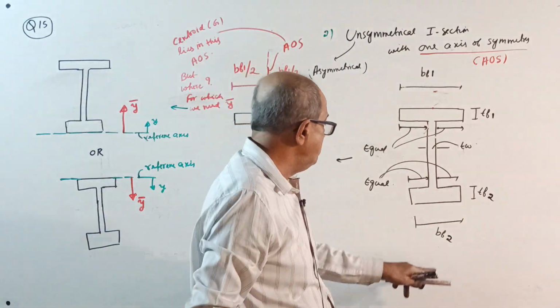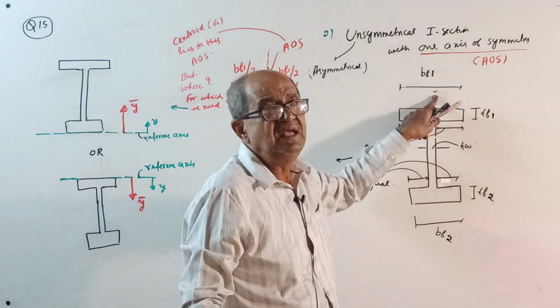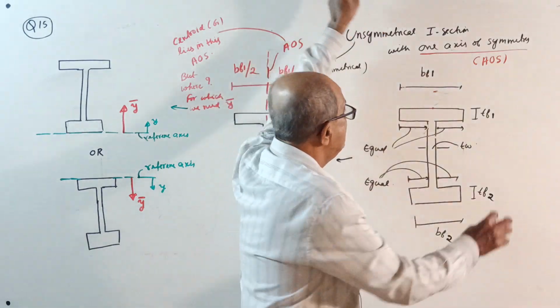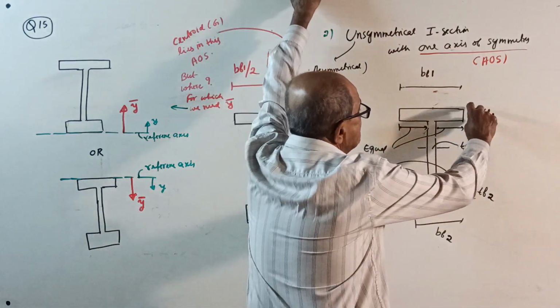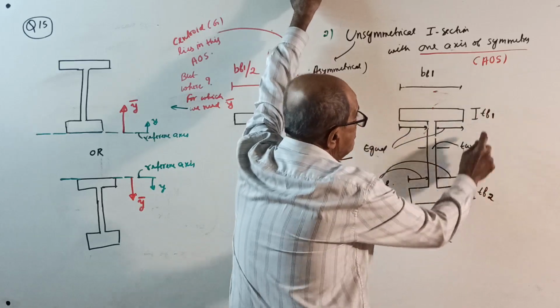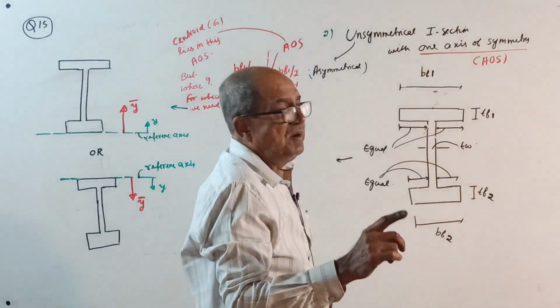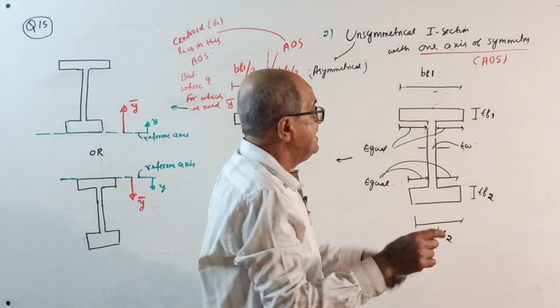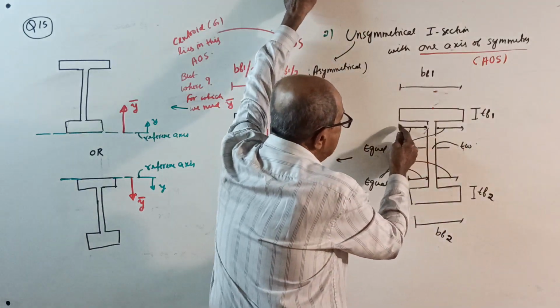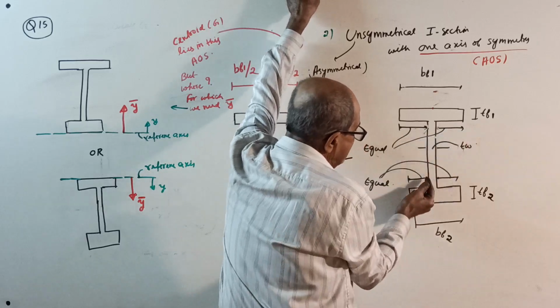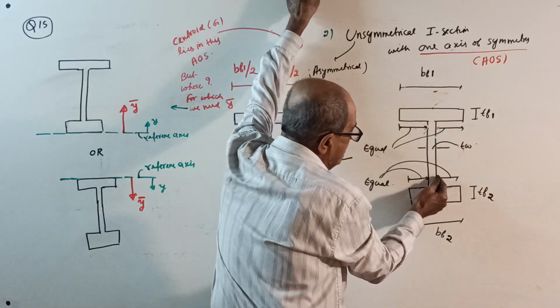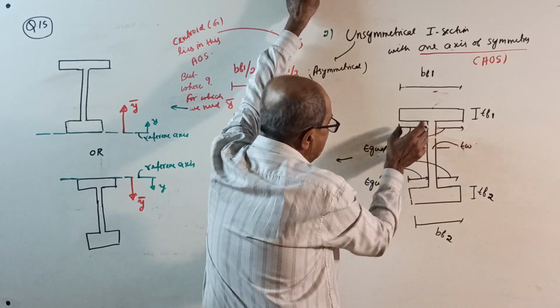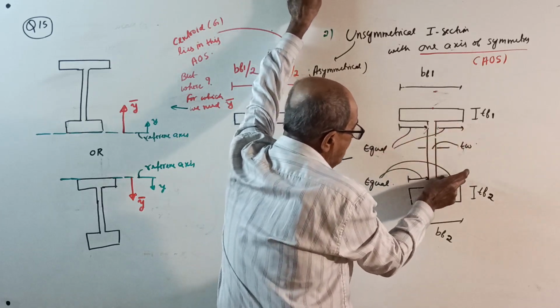One more thing: do not memorize that BF2 is more than BF1; either can be more. Then TF1, the thickness of the top flange, and TF2 are different. TW is the web thickness. But one important thing: this offset should be equal to this offset, and these two offsets are equal too.